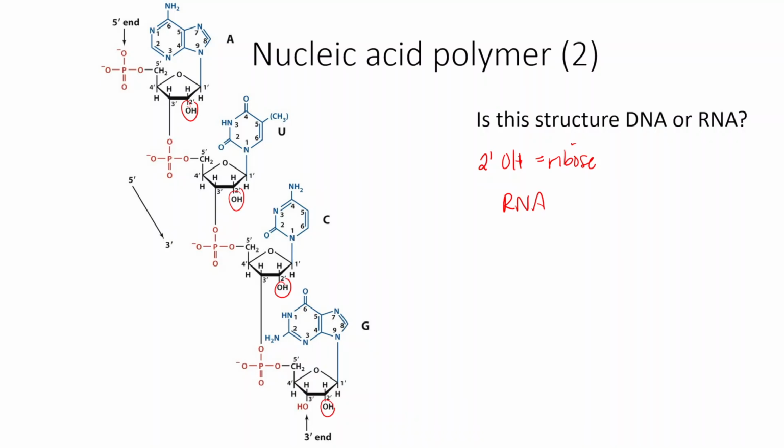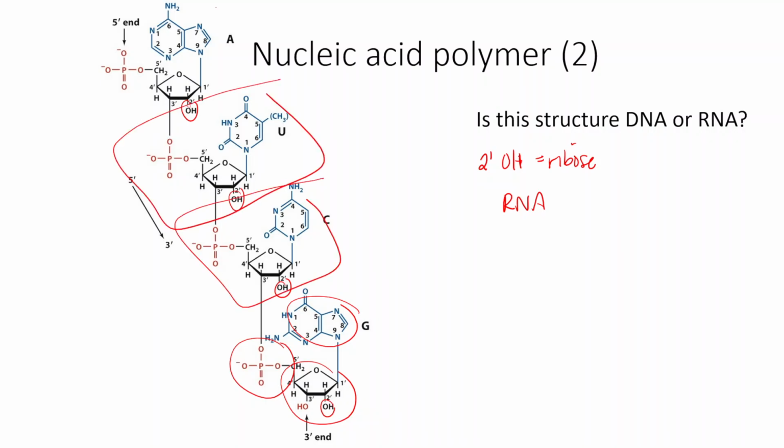So now we have the string. That's how we know we have a string of nucleotides, right? We have a base attached to a sugar attached to a phosphate. So that's one nucleotide. And then there are 4 of these in this molecule. The way that it's usually conventionally drawn is with the phosphate on the 5' end, because that's the way it gets built up in biological systems.